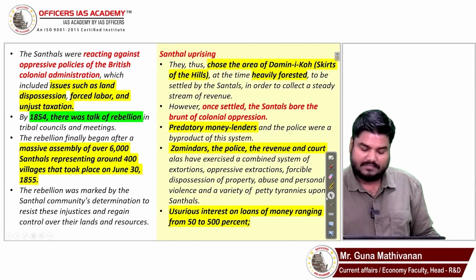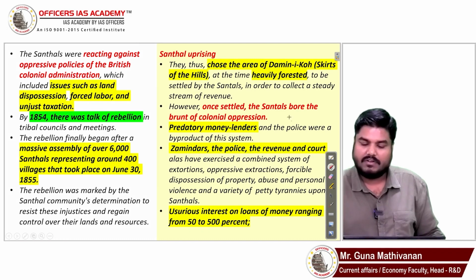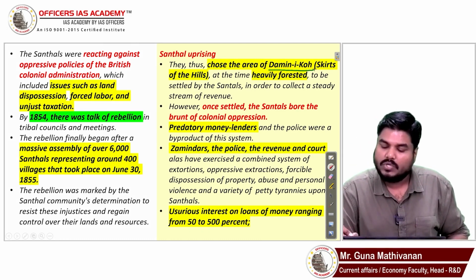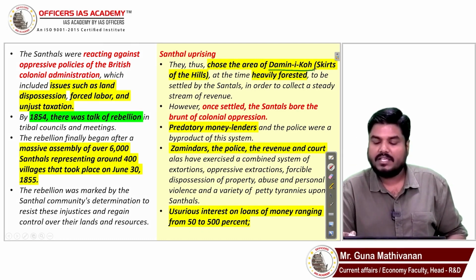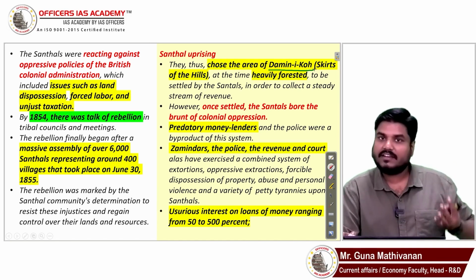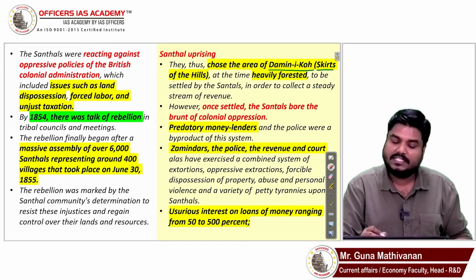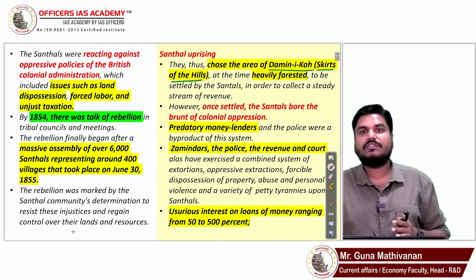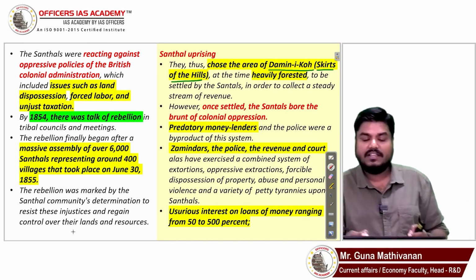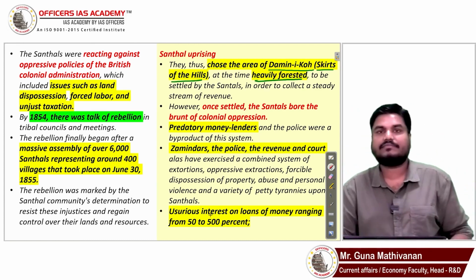And that area is called Damin-i-Koh. Damin-i-Koh is in Jharkhand, in Rajmahal Hills, which is also called skirts of the hills, which is heavily forested.